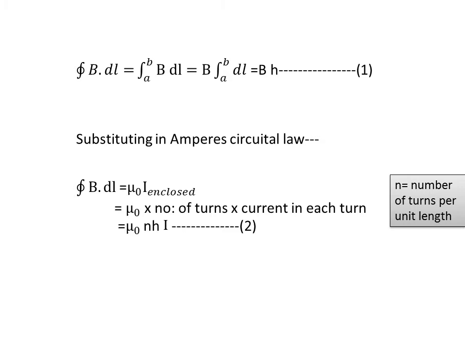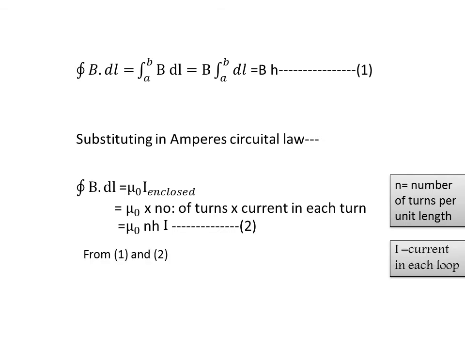So for h length we have nh turns. So the number of turns is nh and current in each turn is I. nhI gives the total current. So integral B dot dl is equal to mu 0 nhI.